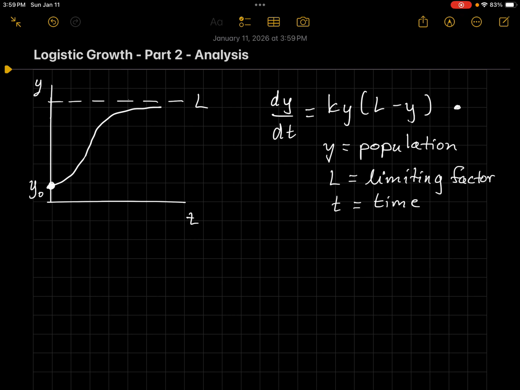So, why does the differential equation give the graph on the left? Let's take a look at a few things. Since we have population, the population must be positive. If our initial population is less than the limiting factor, we see that L minus y naught is positive.